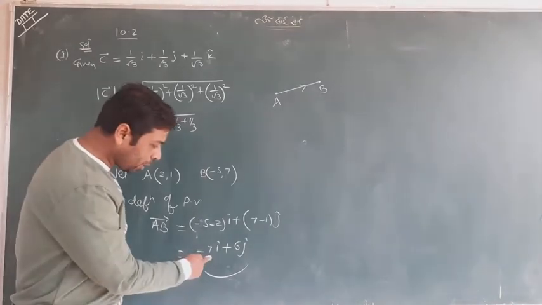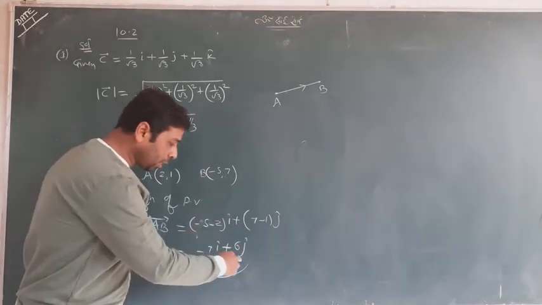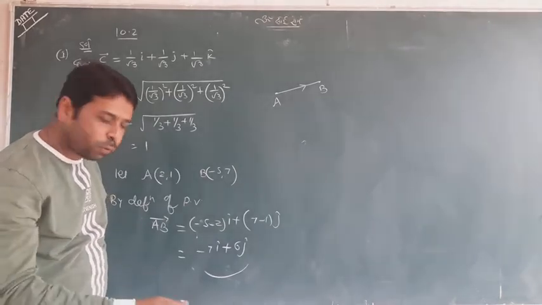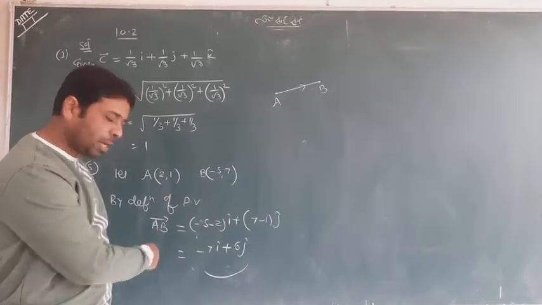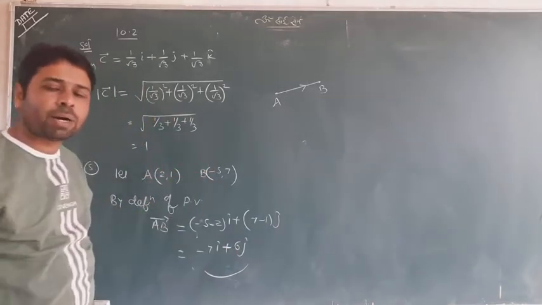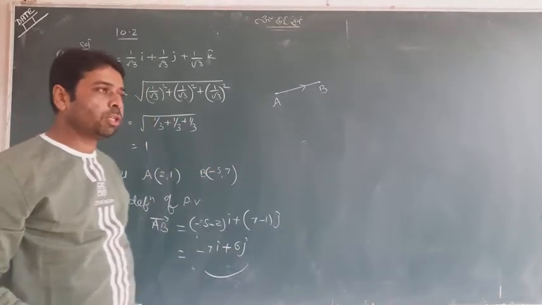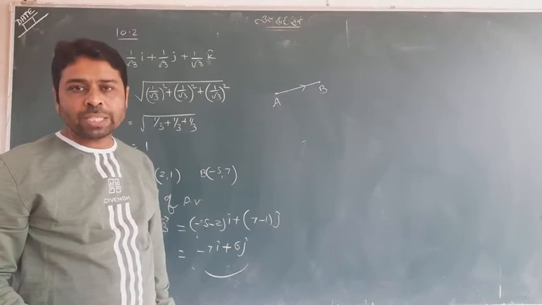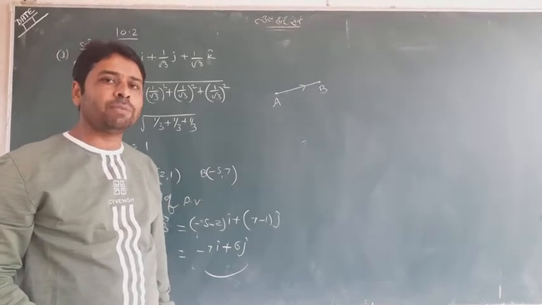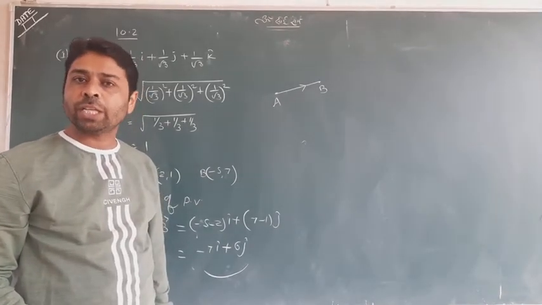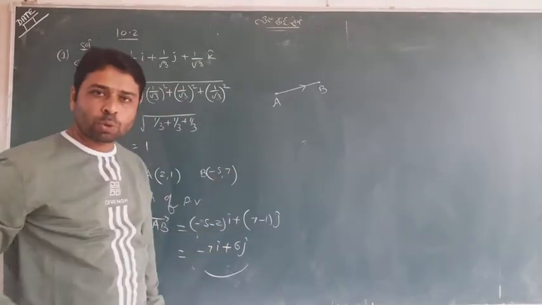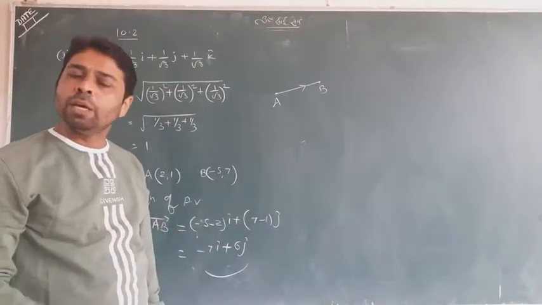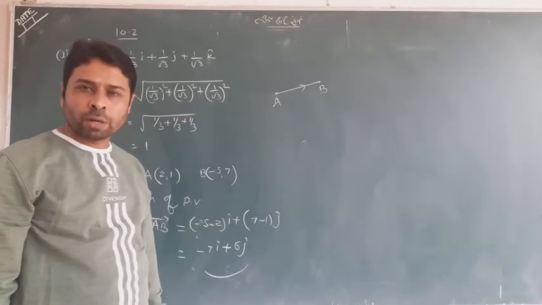But if you say minus 7 is the scalar component of AB along the x-axis and 6 is the scalar component along the y-axis. So when you say along with i and j, they are called vector components, and without i and j, they are called scalar components along the x-axis and y-axis. So I close my answer here. You write it please, only formal writing is remaining.